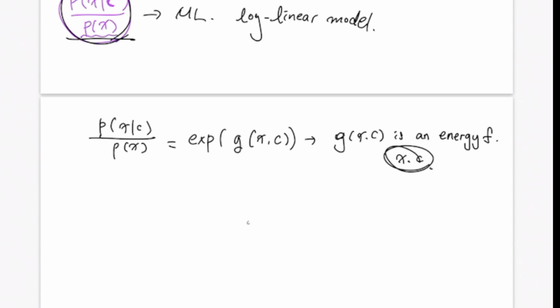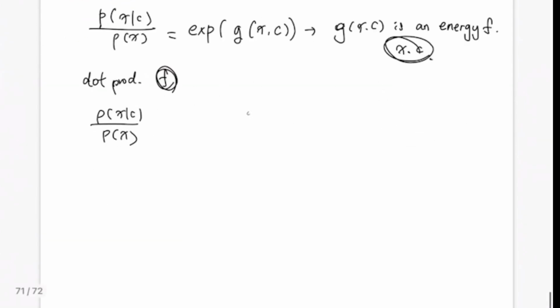We can model this g(x, c) as a dot product of their embeddings. If we say f is an encoder which maps the real observation to a representation vector, we can finally write p(x conditioned on c) over p(x) as equal to exponential of f(x) transpose f(c) over tau, where tau is the temperature.